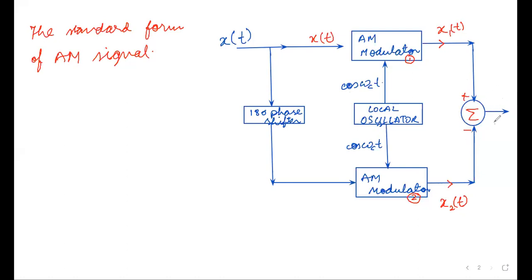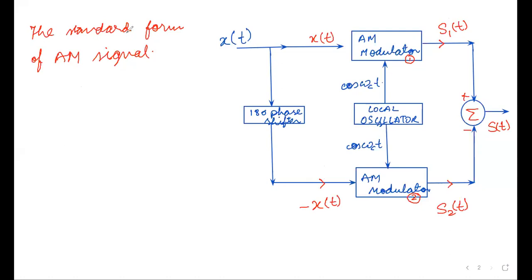Whatever signal we are getting here is the amplitude modulated signal. Okay, so instead of x1, you can write this as s1(t) and this as s2(t). Now whatever the signal here is the 180-degree phase shifted version of the signal x(t), so it will be minus x(t).